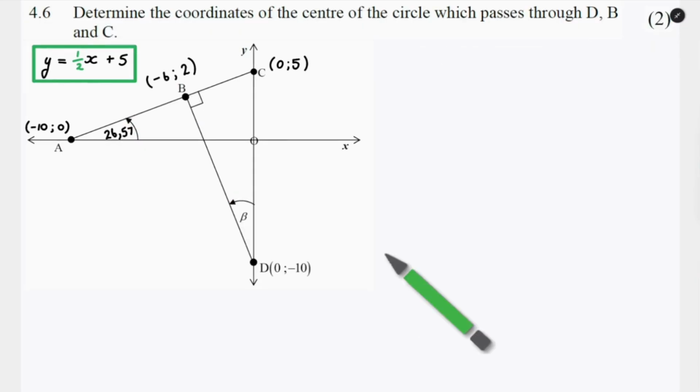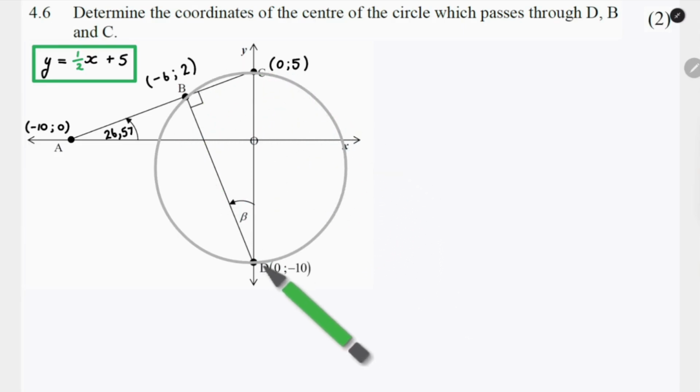And rounding out question 4 with question 4.6, we need to get the coordinates of the center of a circle which passes through D, B, and C. So your circle will pass through D, B, and C. And if I want the center of that circle, I'm going to have to utilize this 90 degrees.